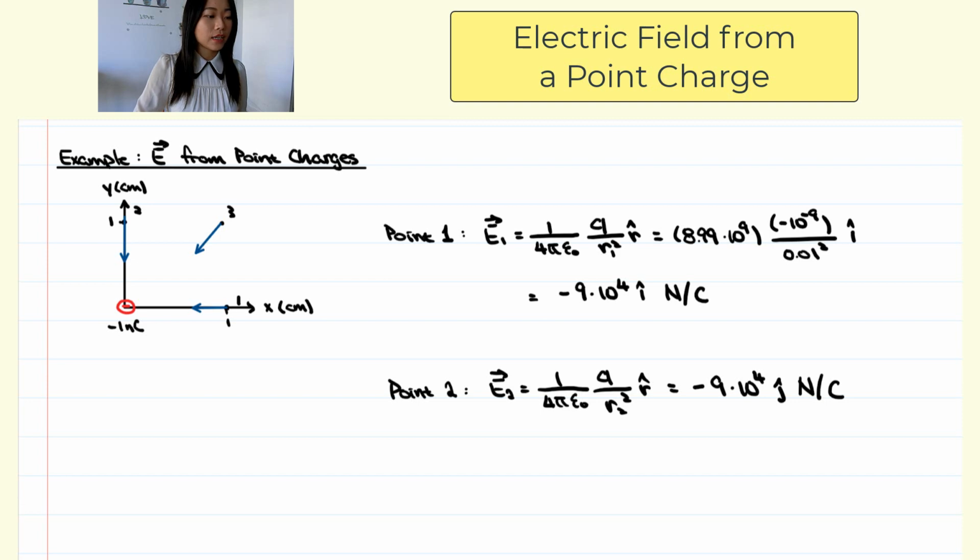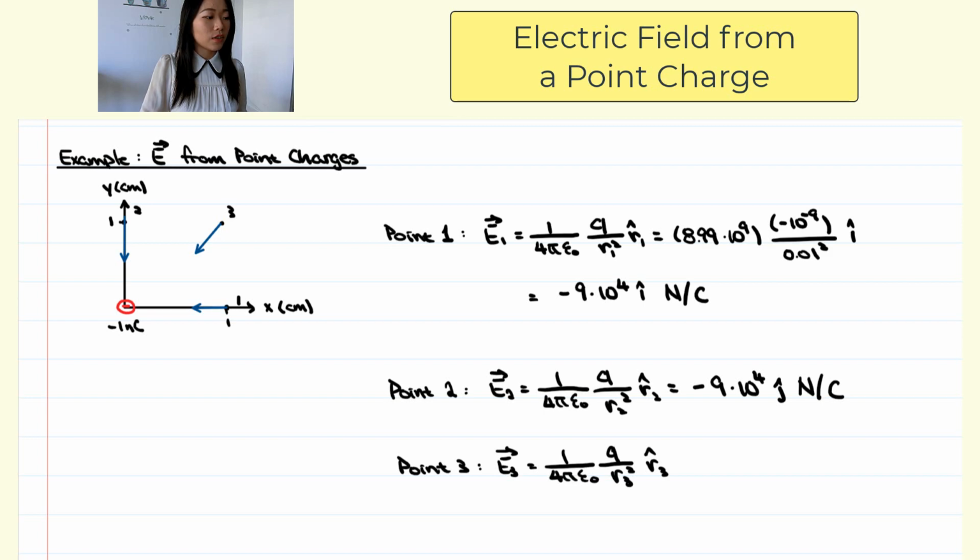And lastly, point 3. The electric field equals 1 over 4 pi epsilon naught times source charge divided by R3 squared, then times r hat. R3 is the distance from the origin to the coordinates (1, 1). So we need to find the distance.